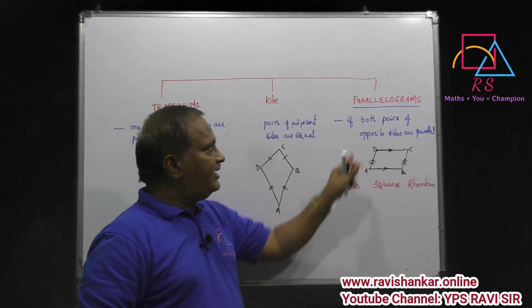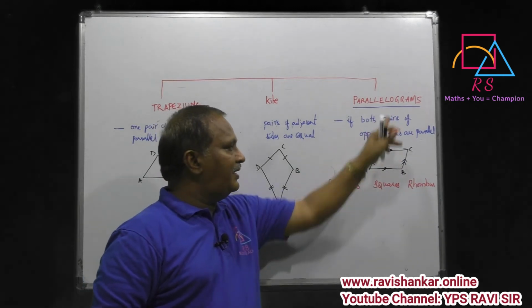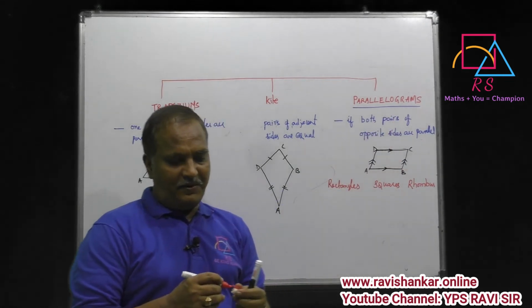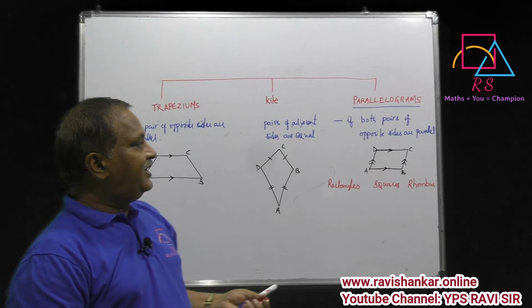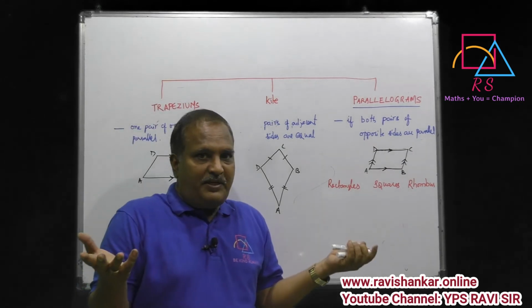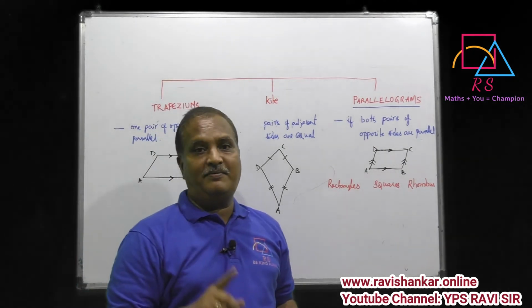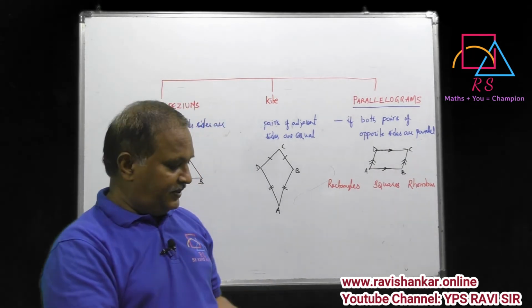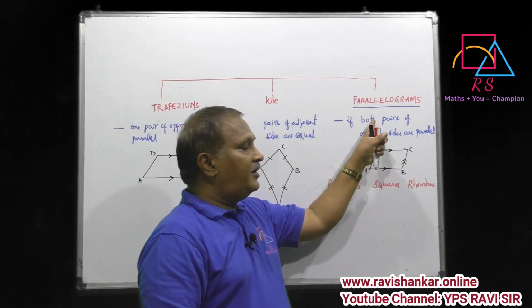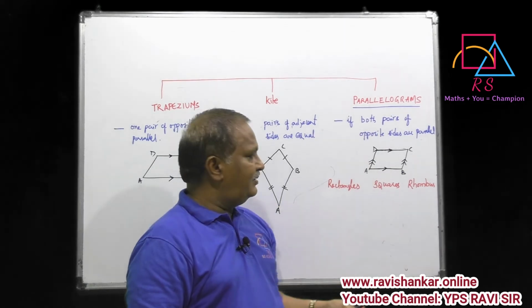So a rectangle is a parallelogram, a square is a parallelogram, and a rhombus is also a parallelogram. Till now we knew only the rectangle, but the rectangle is a parallelogram. The parallelogram condition is that opposite pairs are parallel.